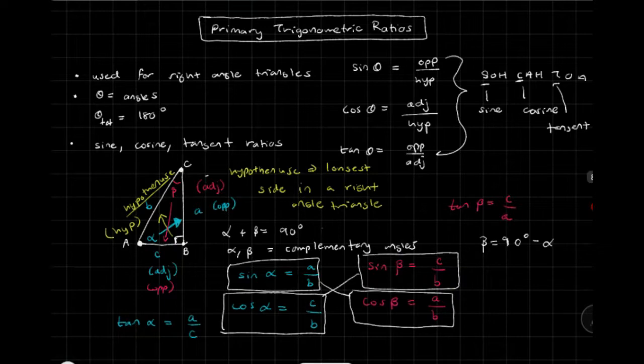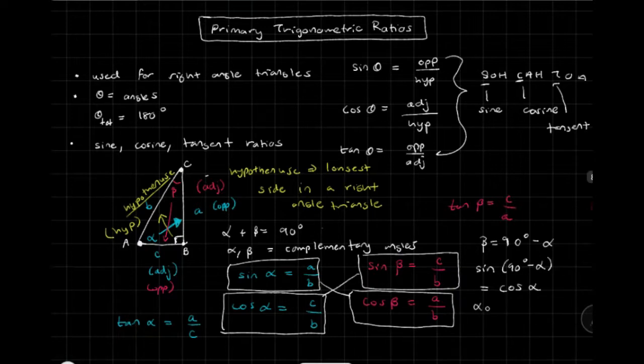Okay, so having said that, it becomes true that sine of 90 degrees minus alpha is equal to cosine alpha. And it's true the other way around as well, right?